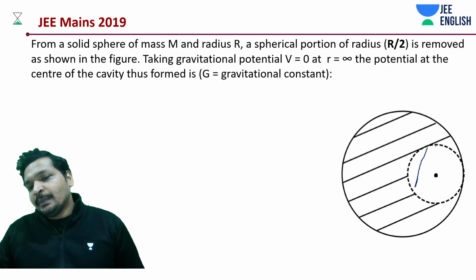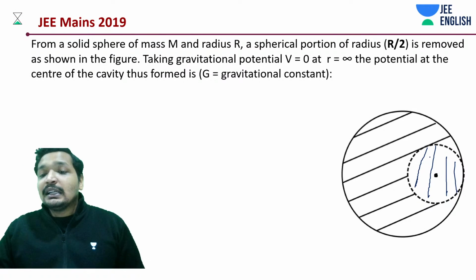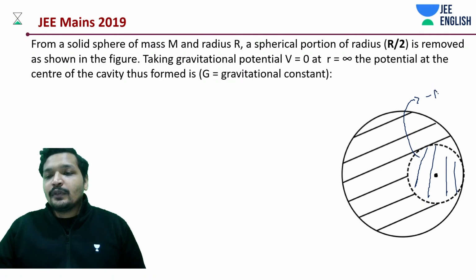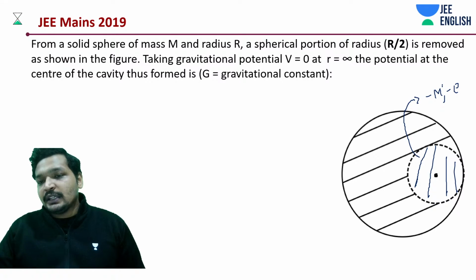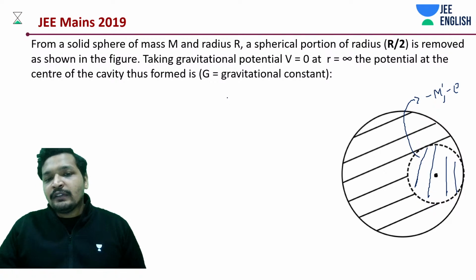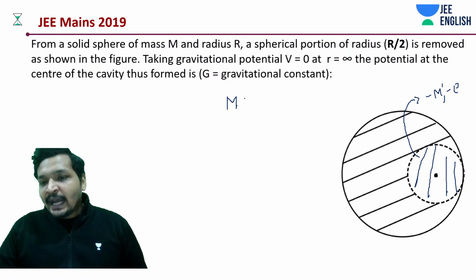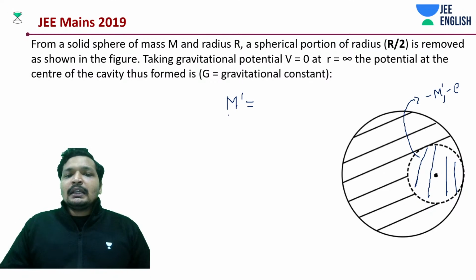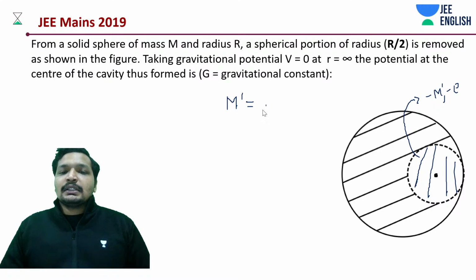But what has happened in this case? It's a negative mass having negative density, some negative m dash. First of all, what is the value of m dash?